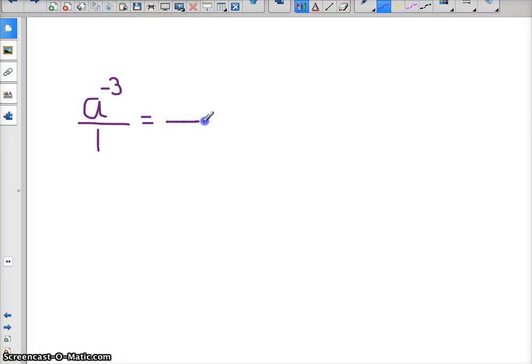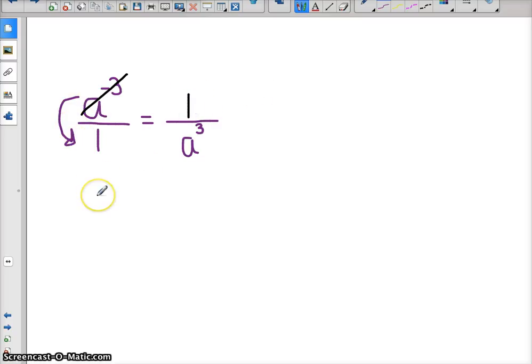To change any negative exponent to positive, if that negative exponent is in the numerator, we move it to the denominator of our fraction. When we move this base and its exponent to the denominator, that base stays the same, but its exponent changes signs. And essentially, we have canceled out a to the -3. And remember, anytime you cancel, it reduces to 1.